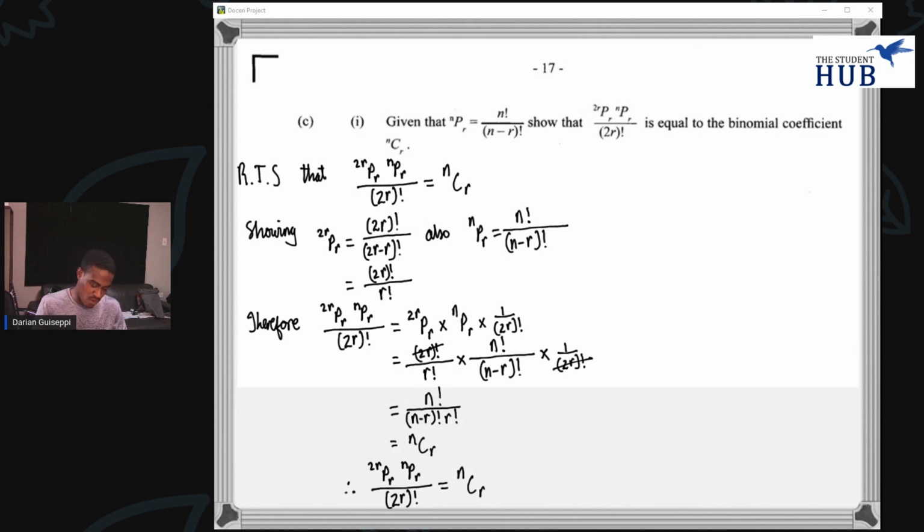We say therefore we have proven what they asked us to prove, and that's it. That is part C, I. So the next thing we have to do is the next question. That is the first part, part C, and let's look at the second part here now.